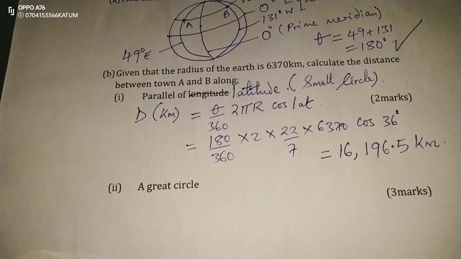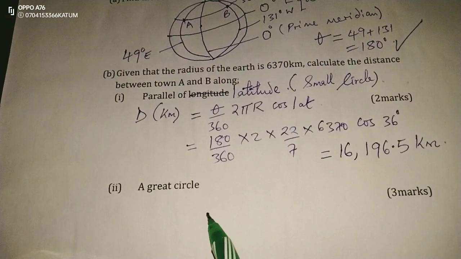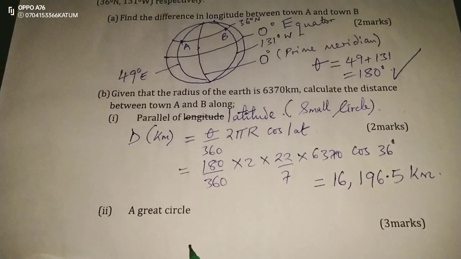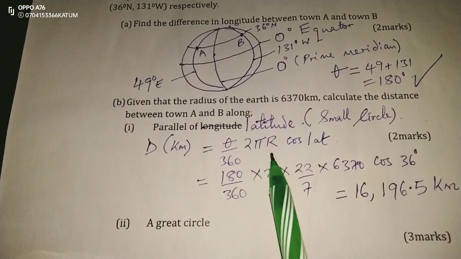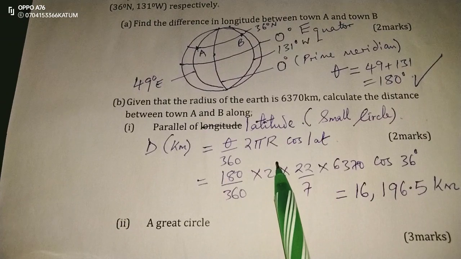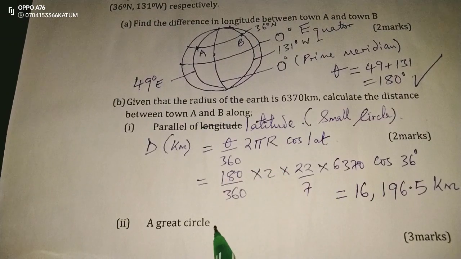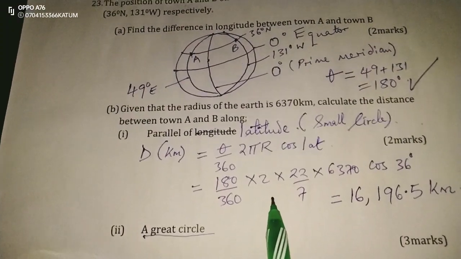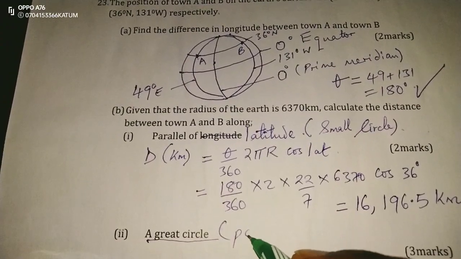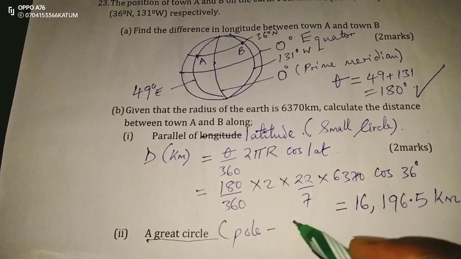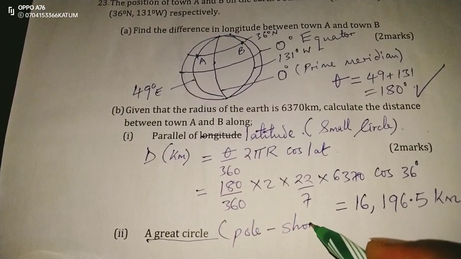Then we have distance along a great circle, that is along a longitude. Now it should be noted that when we have two places on two supplementary longitudes, the distance along a great circle means distance along the poles. This can also be called the shortest distance.